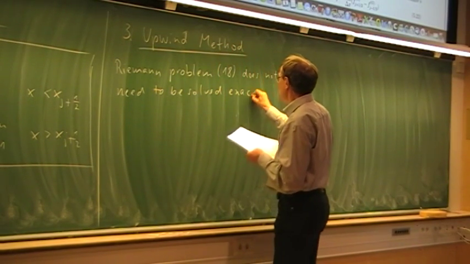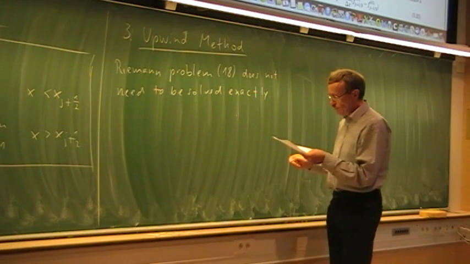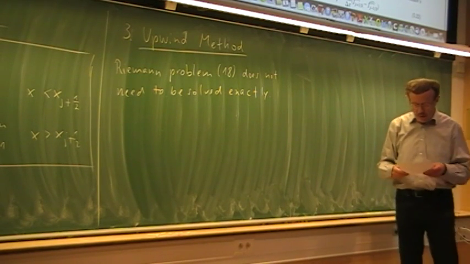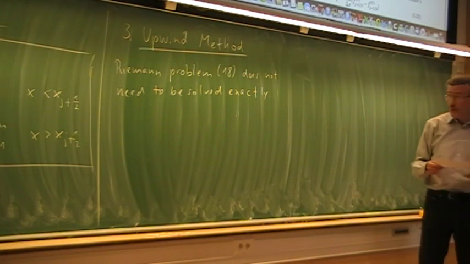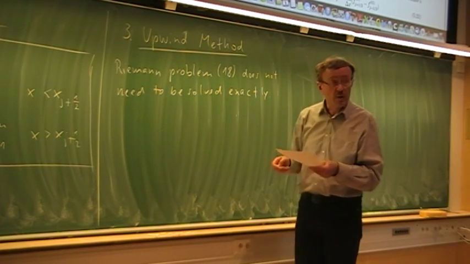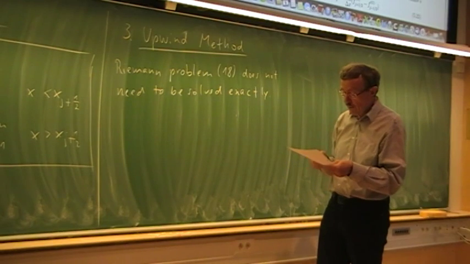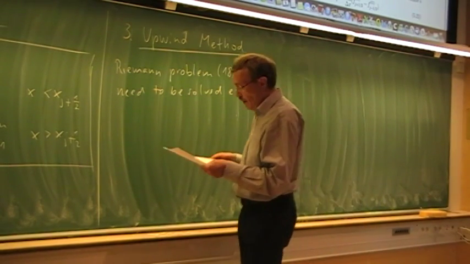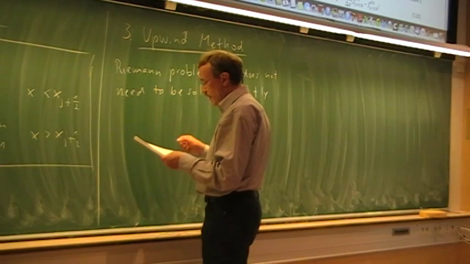So we can solve it approximately. Phil Roe from University of Michigan, when he was at Cranfield actually in the United Kingdom, he had an idea how to do that, and he did the following.